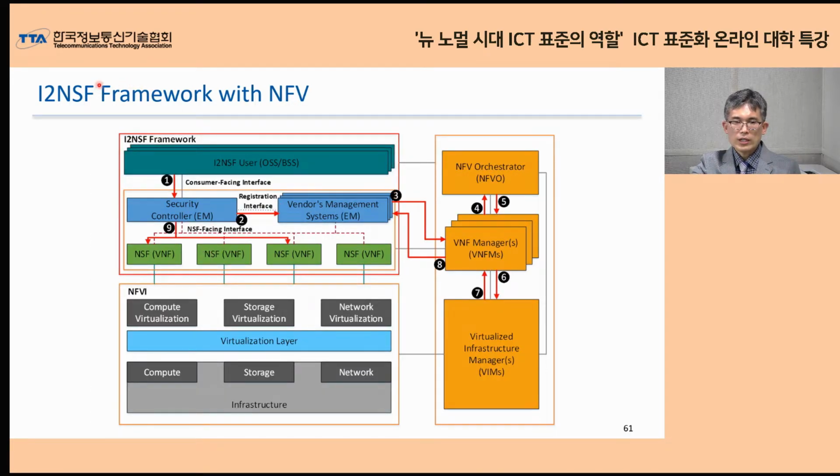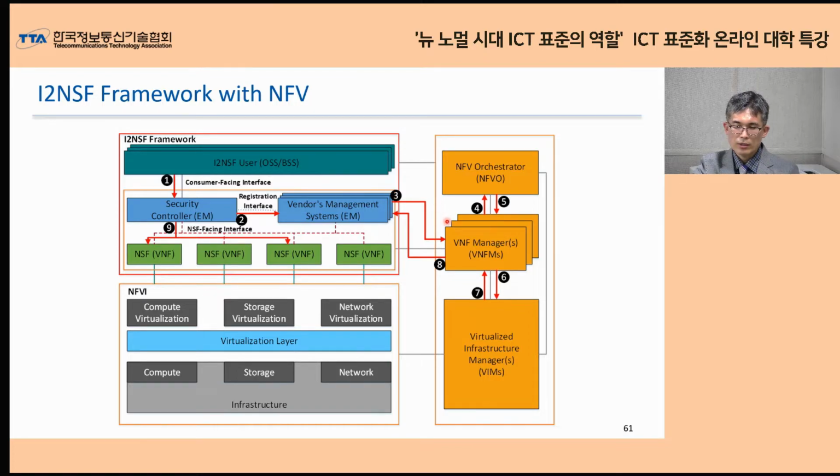The third one is the I2NSF framework with NFV. This figure shows how to construct I2NSF on top of an NFV environment. The I2NSF user delivers high-level policy over the consumer-facing interface. The security controller checks its NSF database. If there is no NSF for that kind of high-level policy, it delivers a request message to the vendor management system.